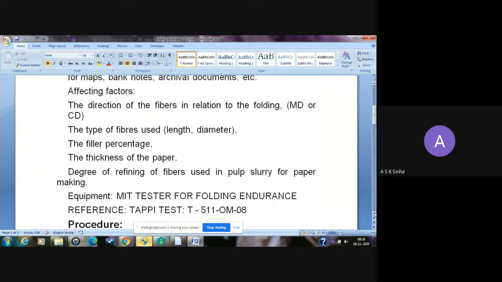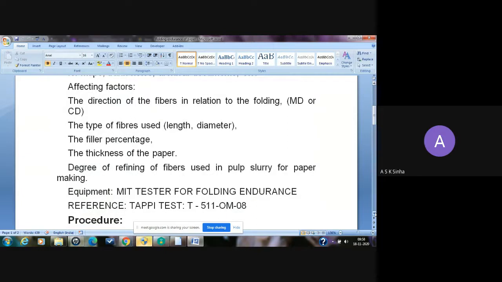Then again, another point is what factors will be affecting the folding endurance, or what parameters or inputs will give you the highest strength of paper during the manufacturing process. So the first one is the alignment of the fiber, the direction of the fiber in relation to the folding.